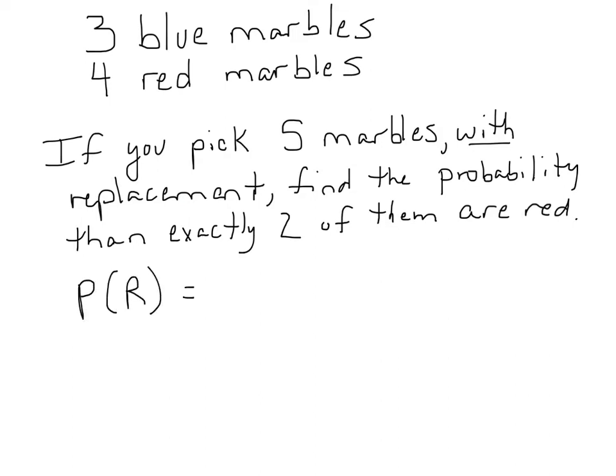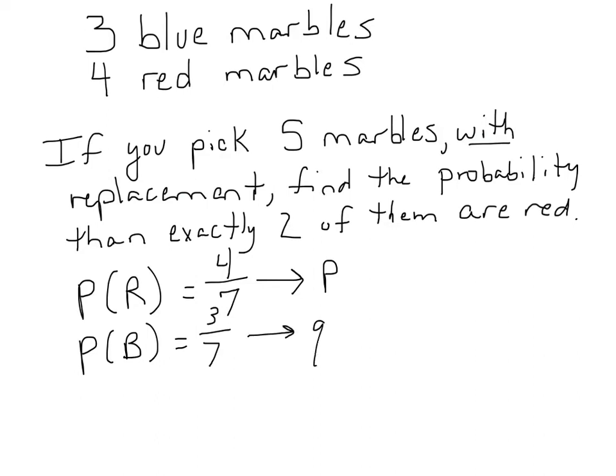Because we know that there's 7 marbles and 4 of them are red, the probability of picking a red is 4 out of 7. The probability then of picking a blue marble is going to be 3 out of 7. Probability of picking a red is going to be our P, which is our success, because that's what we're trying to do. Probability of picking blue is going to be our Q, because that is our failure.